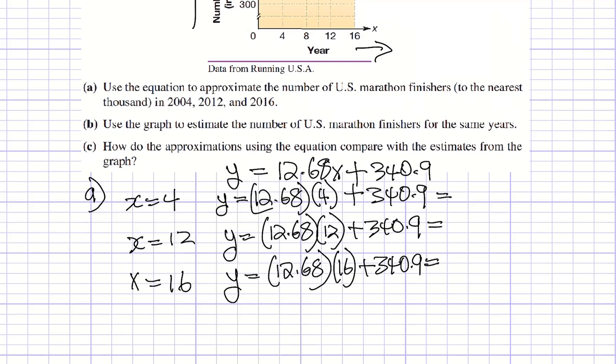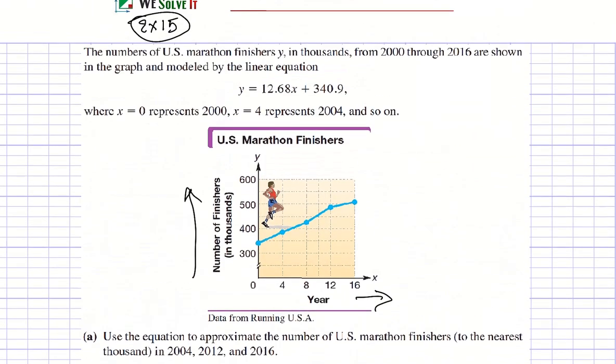12.68 times 4, and then you add 340.9, right? So that one you get 391.62.